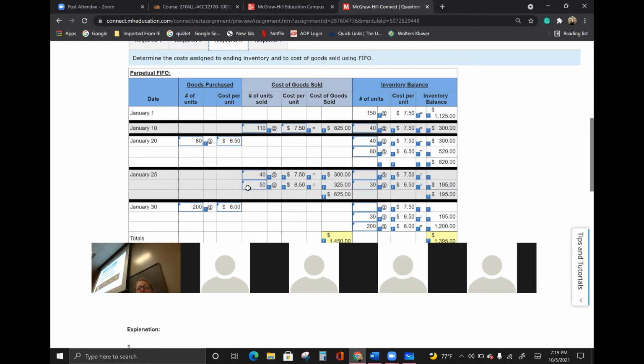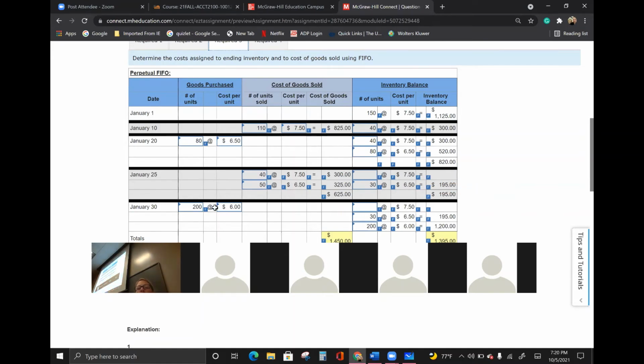So I'm taking 50 from the next batch, which is 650. Well, I sold all those, so these are gone. And I sold 50 of those. So now I'm left with 30 at 650. That's what I have left in my inventory. I have 30 units from that batch that I just purchased on the 20th.